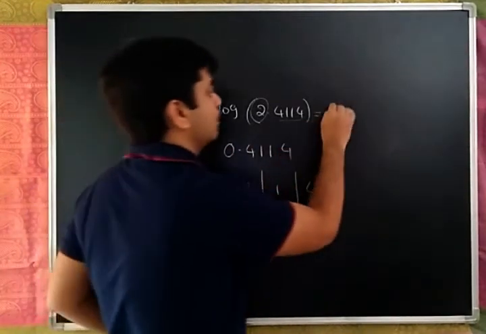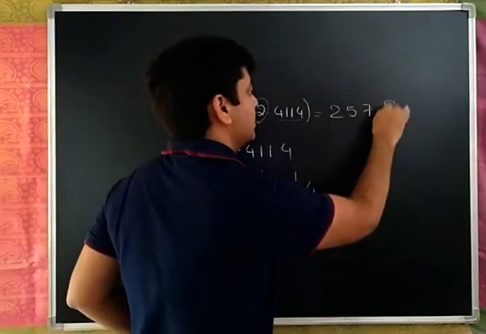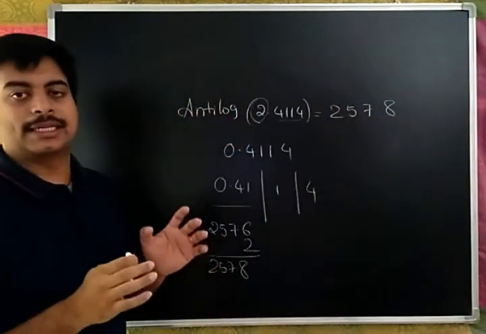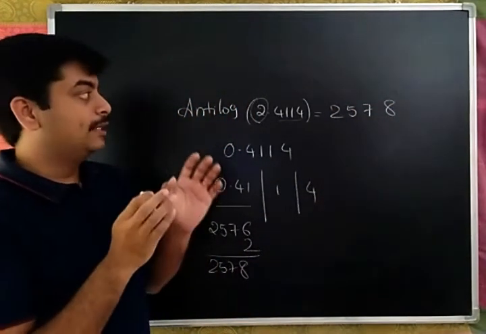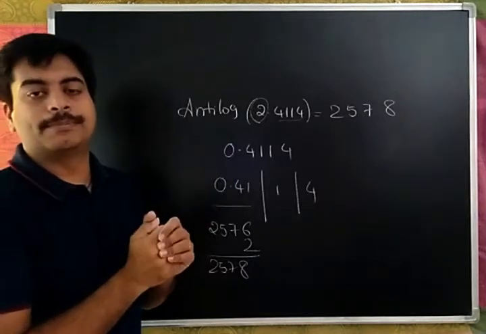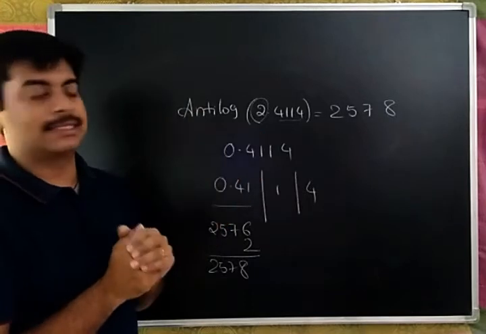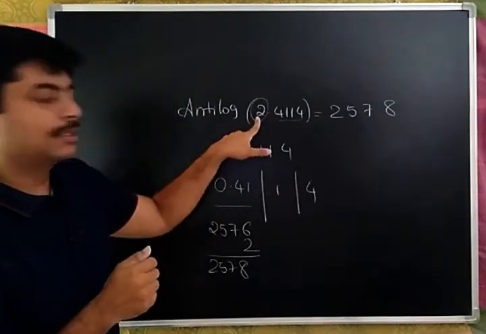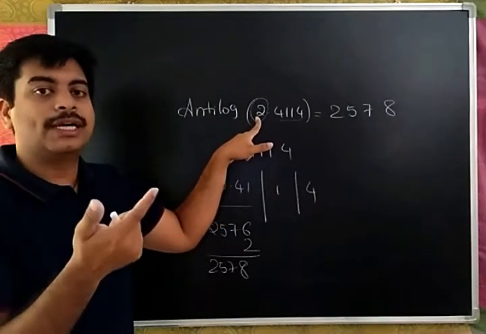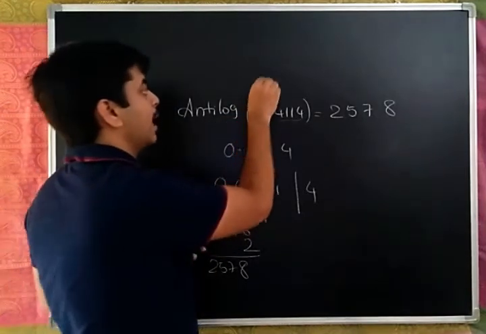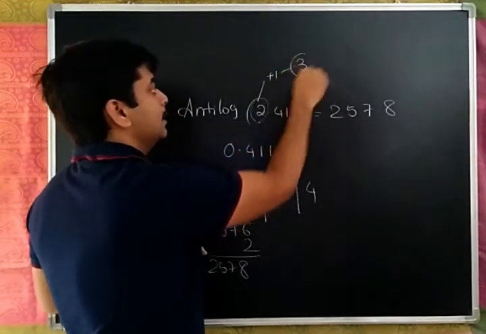So this is equal to 2578, but we are not exactly correct. We need to check where the decimal point should be placed. What is this number? This number is 2. So add 1 to that, and you get the number 3.